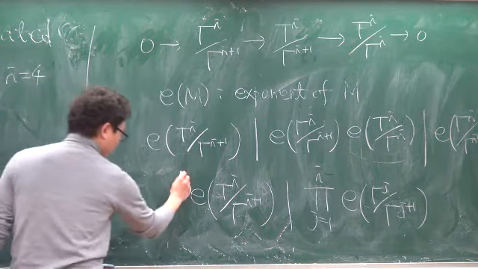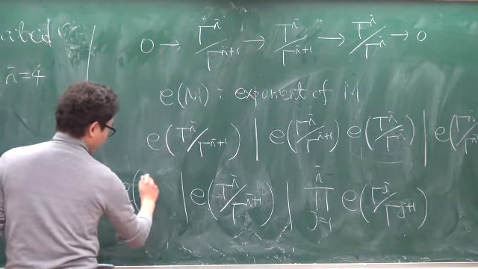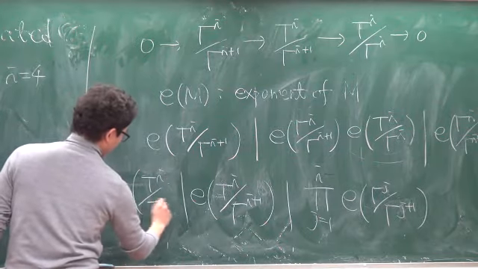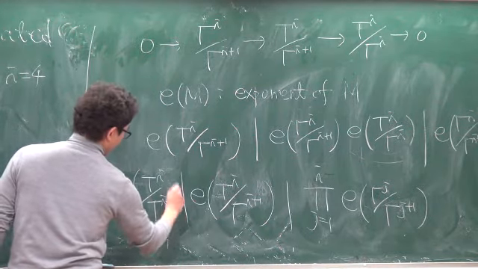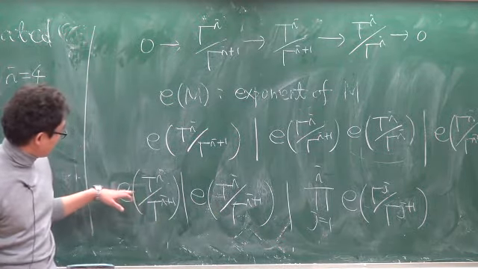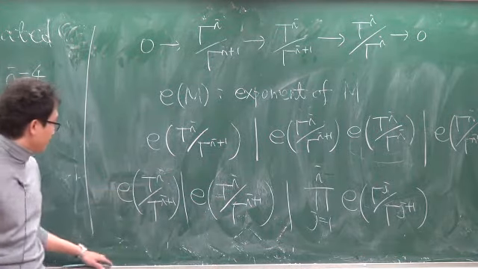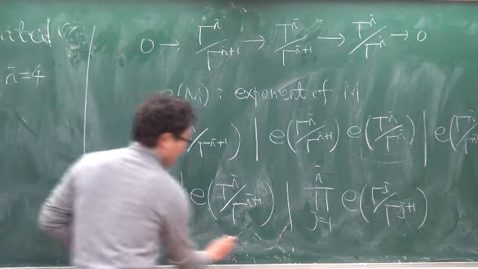And moreover, the exponent of the quotient of tau i by tau i plus 1 divides the exponent of this one, because there is a surjection from this to this.